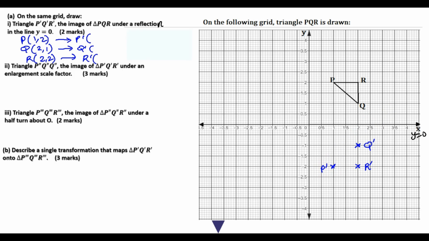Therefore, we can join the points together: P prime to R prime, R prime to Q prime, and Q prime to P prime. That is the triangle P prime Q prime R prime, and this is the mirror line.